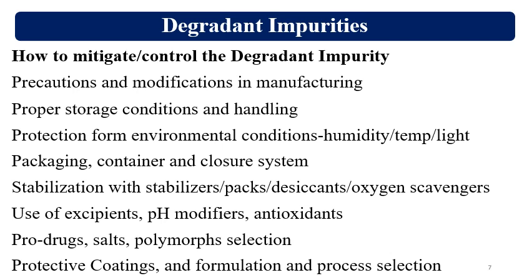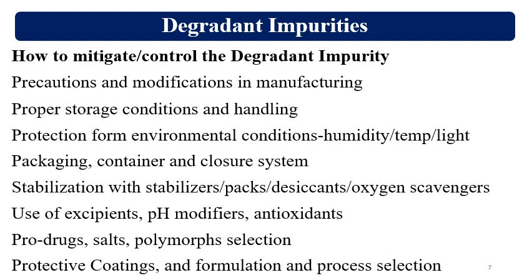Use of prodrugs, salts and polymorphs. So if you come to know that some polymorphs are unstable or amorphous form of the drug is unstable, then you can go for the crystalline form. You can modify the salts, or you can work on prodrug type of approach so that the degradation impurities can be decreased and the more stable API can be prepared.